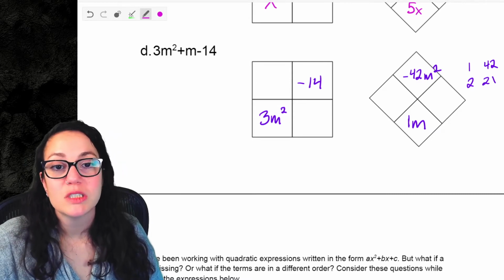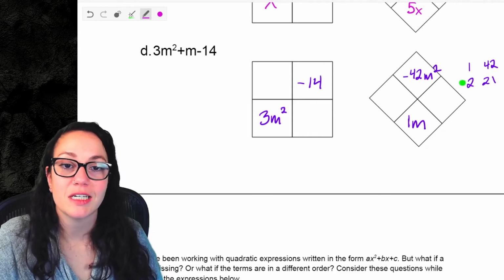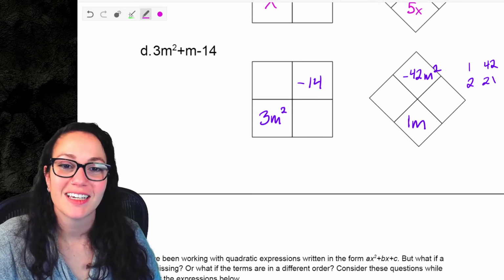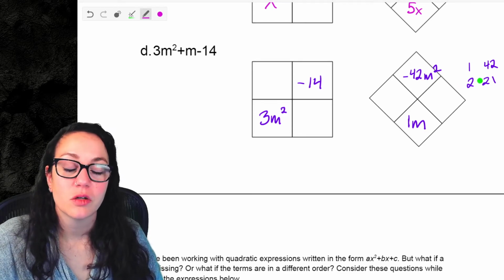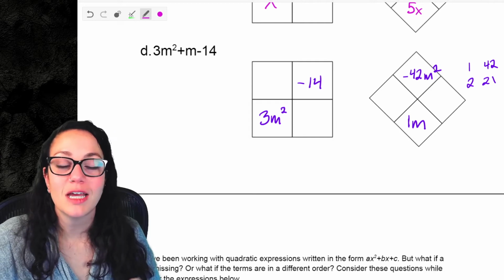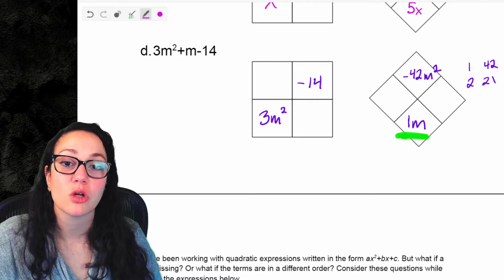So if 2 was negative, -2 and +21 would add to +19. That's not what we're looking for. And if the 21 was negative, then 2 and negative 21 would add to negative 19. Still not the one we're looking for.